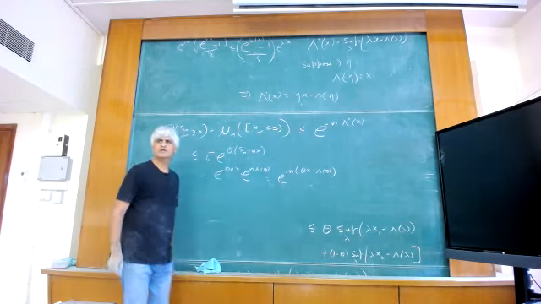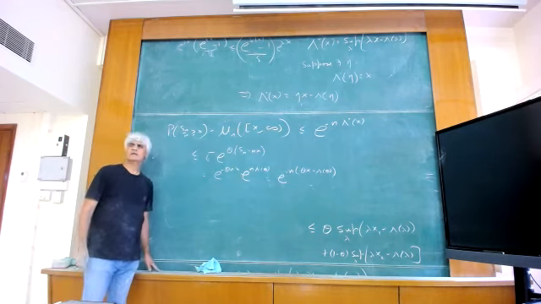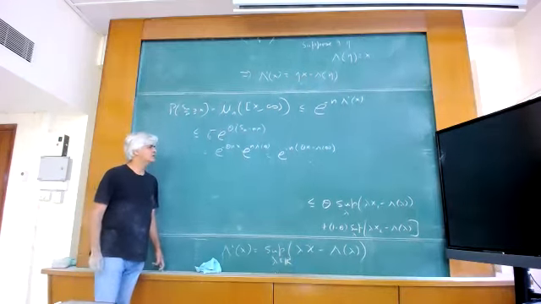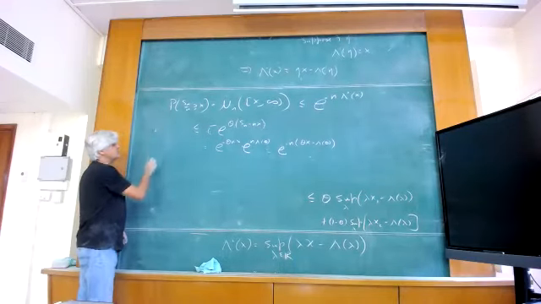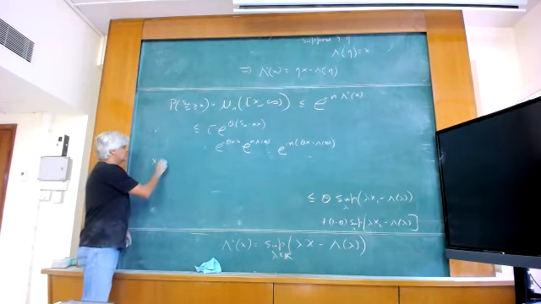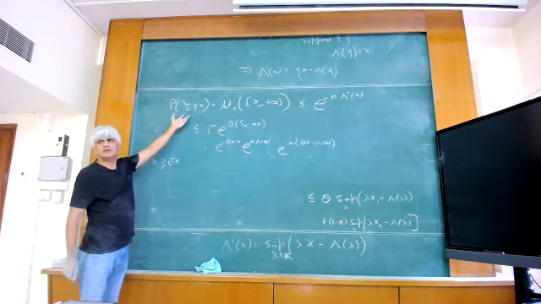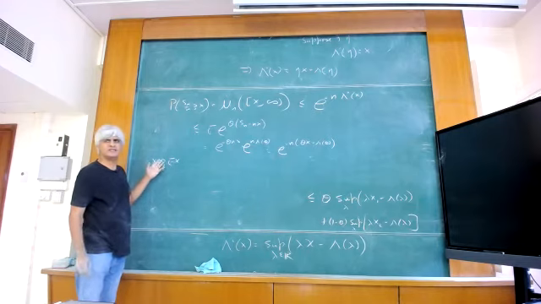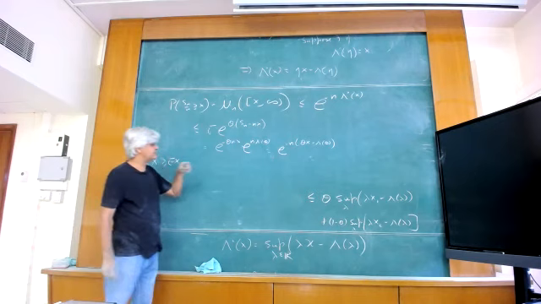Now what do I do? Set θ to be the one which attains the supremum. For this to be sensible, x has to be greater than or equal to E[X], otherwise it's converging to 1. So let's take x to be strictly greater than E[X].